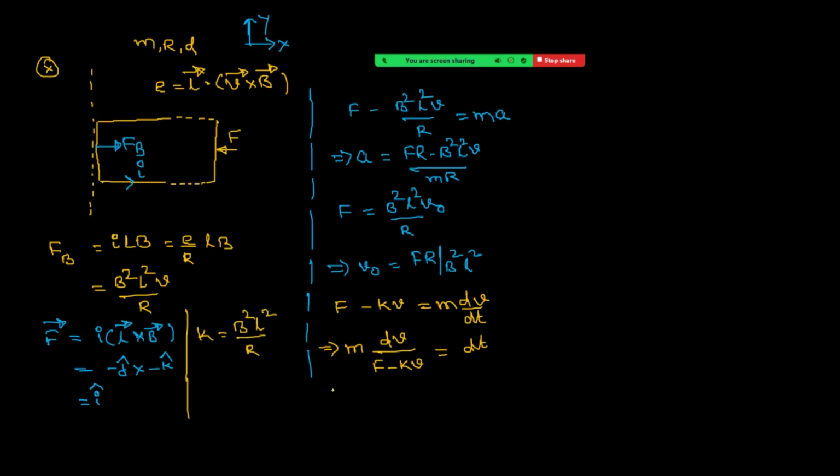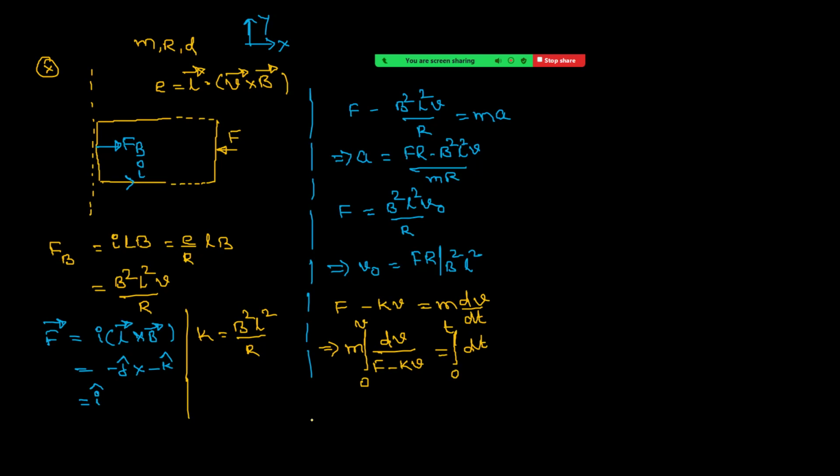Okay. Right. Now integrate. When you integrate, at time t0 velocity is 0. At time t, that we have to calculate, V, right? Now we can multiply and divide with minus k.